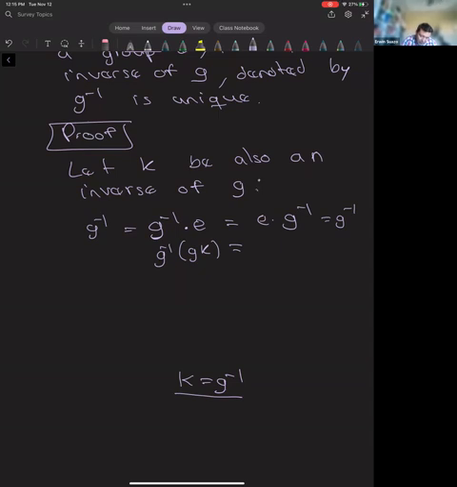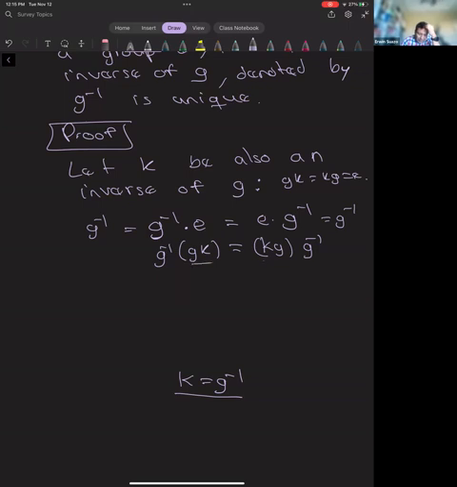That means GK equals KG equals E. So then you have here E, and I'm going to put KG. You notice I'm using the properties.